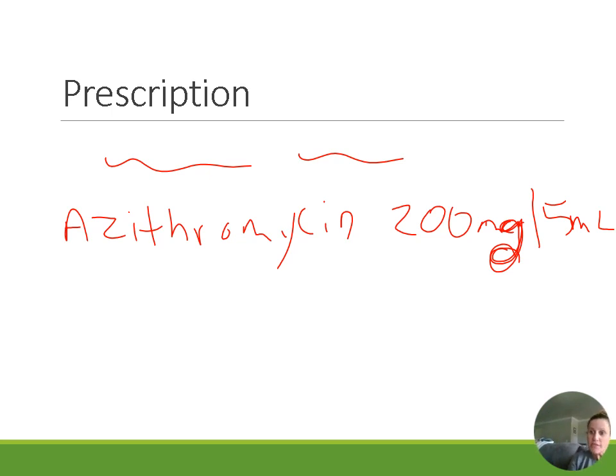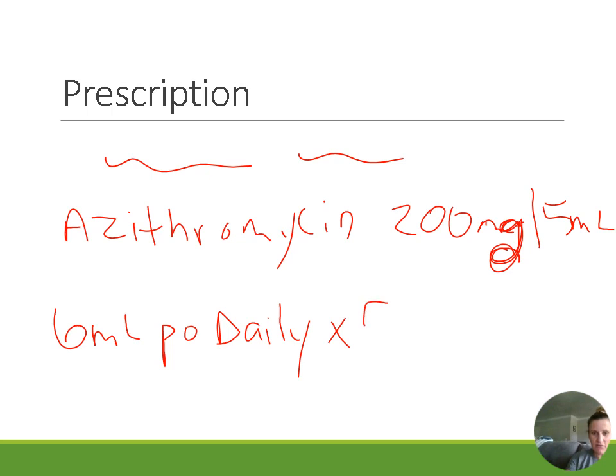For the directions, I pulled up the calculator, and it's 6 mLs. So he needs to take 6 mLs at a time in order to get 240 milligrams. So the patient's going to take 6 mLs by mouth daily for 5 days.